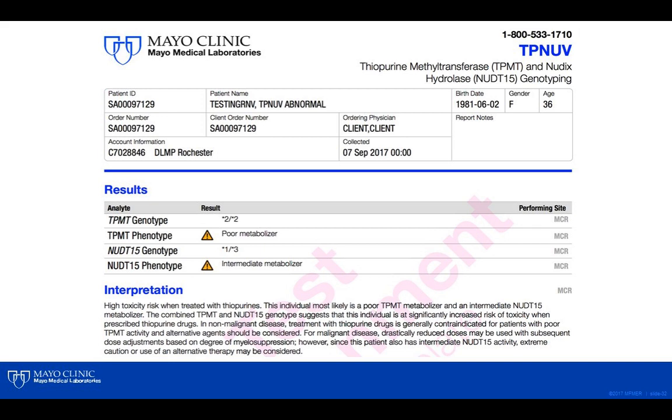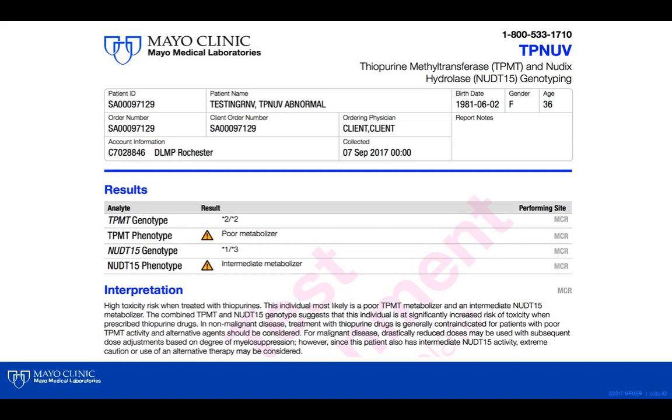So she has a total of 3 deficiency alleles, 2 for TPMT and 1 for NUDT15, so her genetic risk score would have been 3. The interpretation at the bottom indicates that indeed she is at higher toxicity risk when treated with thiopurines. The provider who receives this report doesn't have to worry about how to combine TPMT and NUDT15 genotypes and phenotypes for this test, as it is taken care of in the interpretation.